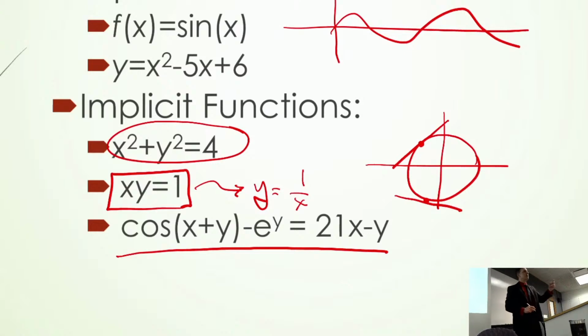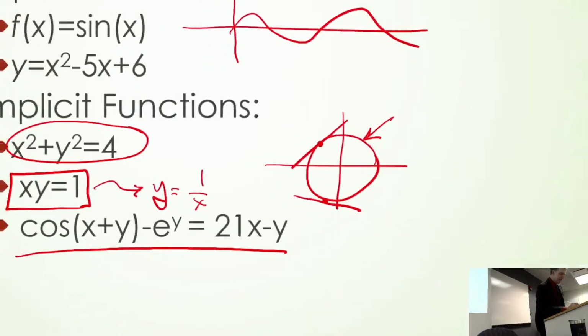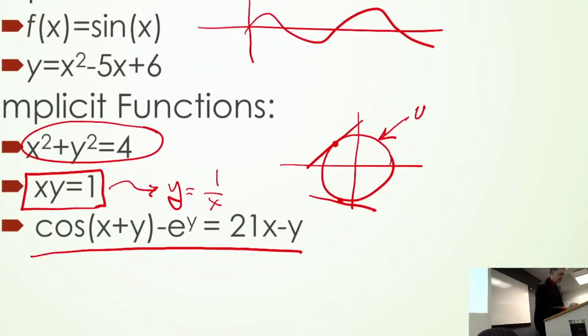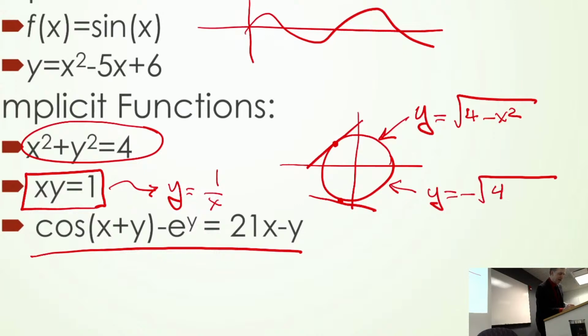If you don't use polar coordinates, the only way to graph this on your calculator is to graph it in 2 pieces, dividing it into 2 functions. That's the top half of the circle, and the bottom half is the negative of this.